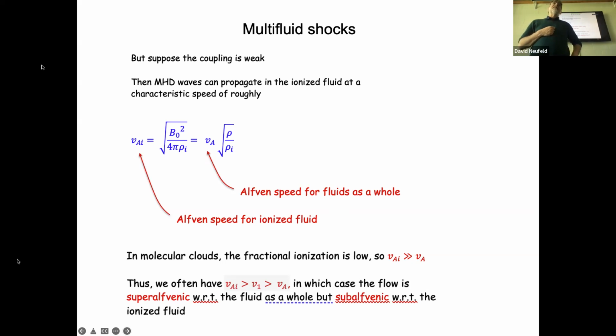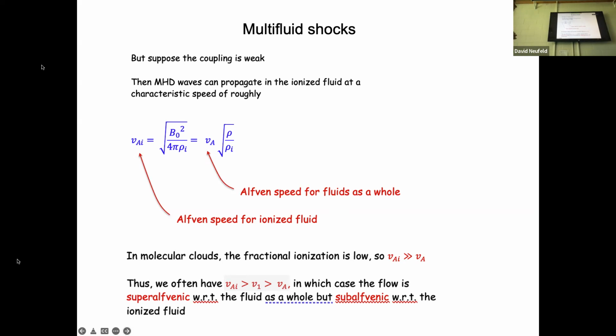One way of thinking about this is that the medium is in effect stiffer, because if you have to compress it, not only are you compressing the gas, but you're also compressing the magnetic field. So a stiffer medium is going to give you a faster propagation speed.